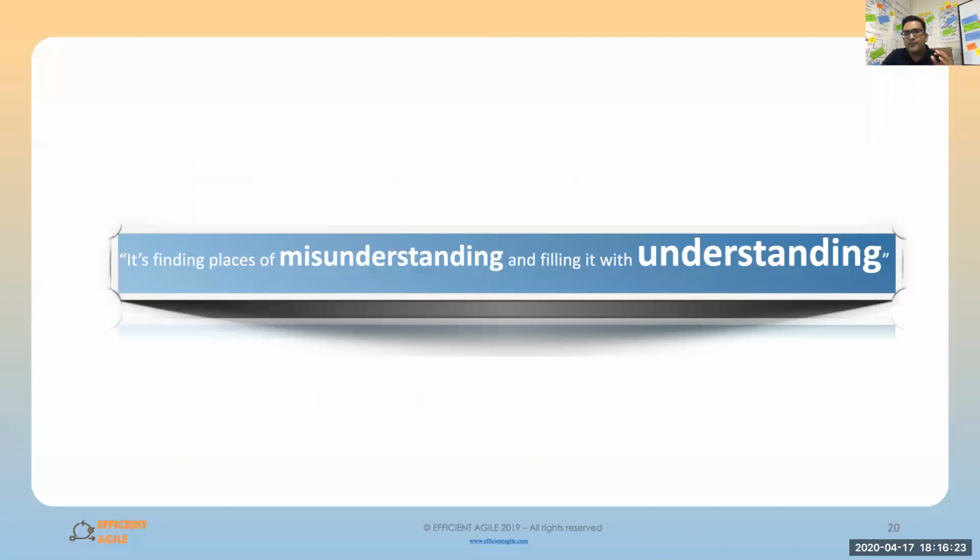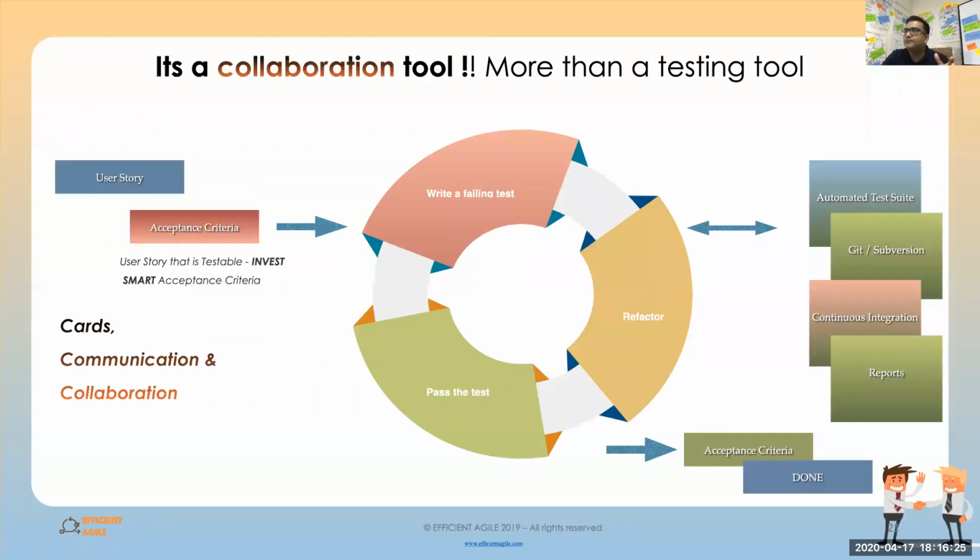Now, most of you would be thinking that BDD is a testing tool. No, it's a collaboration tool. It's more a collaboration tool than a testing tool. Yes, it is used in the testing aspects, but first thing is, it is from an end-to-end perspective, a collaboration tool.